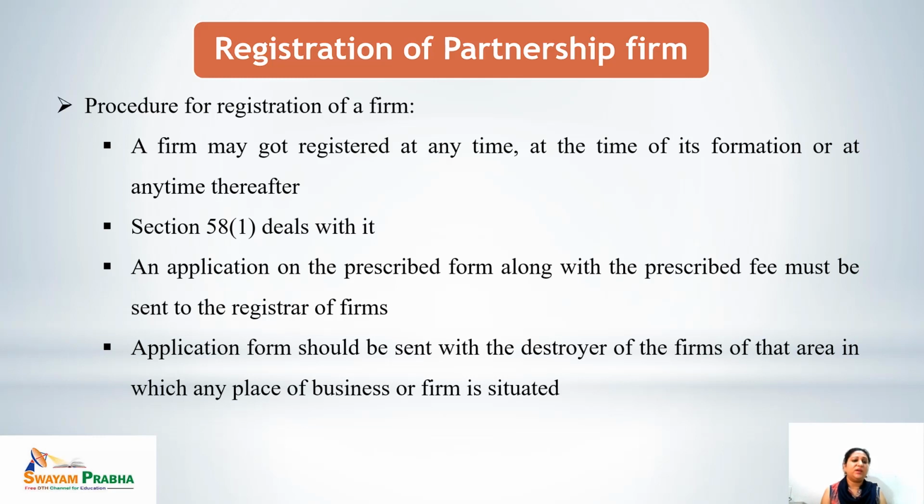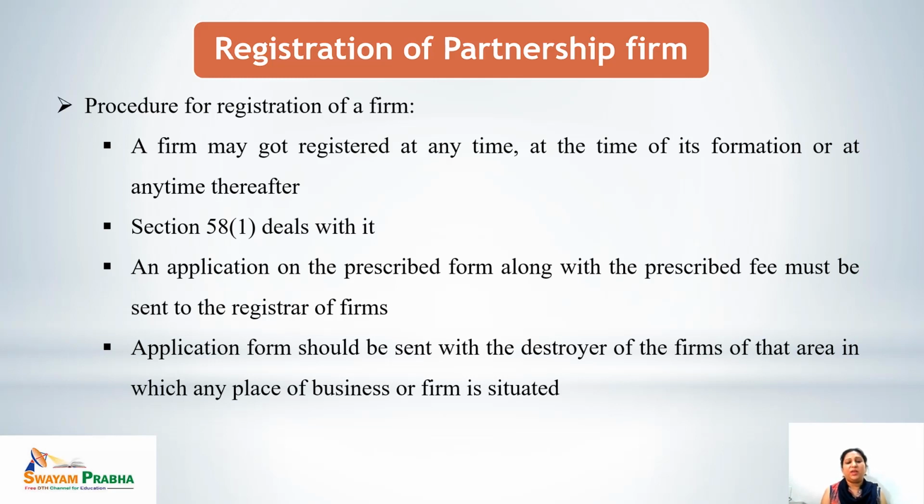We will discuss that. A firm may get registered at any time, at the time of its formation or at any time thereafter. Section 58 subsection 1 says that if at the time of the contract of partnership any firm wants to get registered, it can. But if they think so after coming into existence, after 5 years, 10 years, they can even do that after so many years.